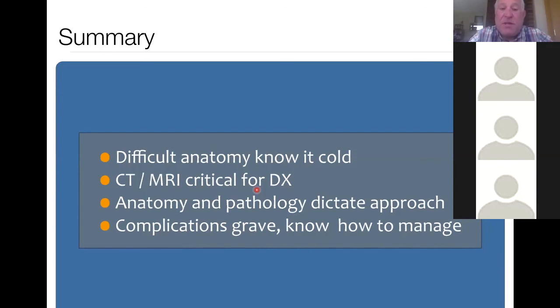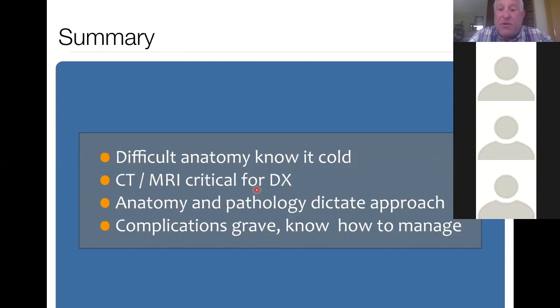We talked about CT and MRI. They are critical for making the correct diagnosis. They're important for the design of the surgical approach and which one is going to be viable for the pathology that we're dealing with. And the anatomy and the pathology both dictate what approach we're going to use.